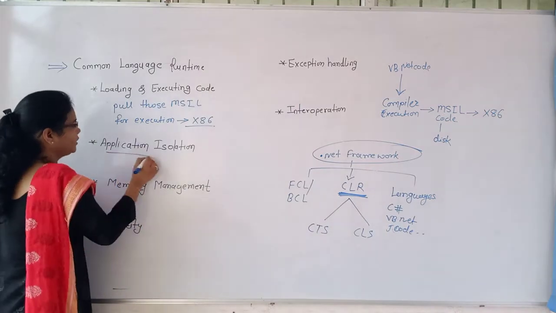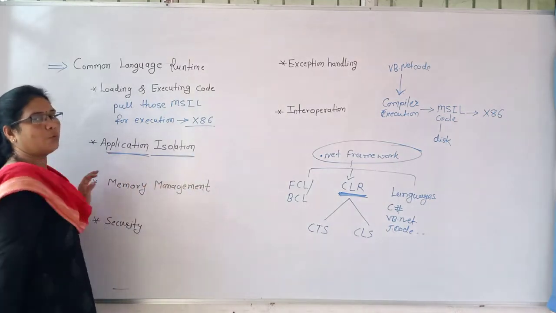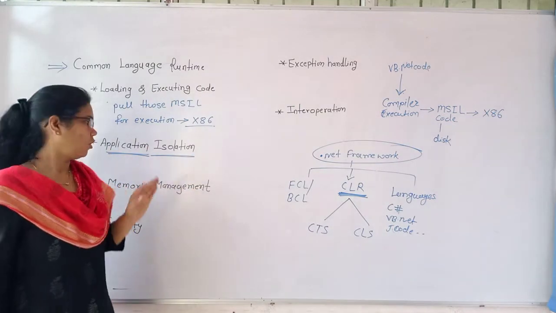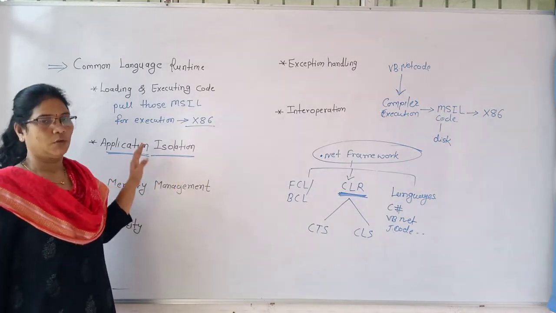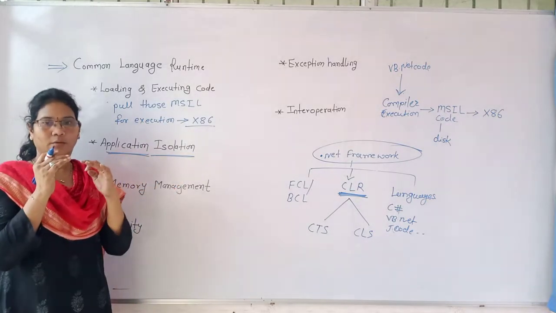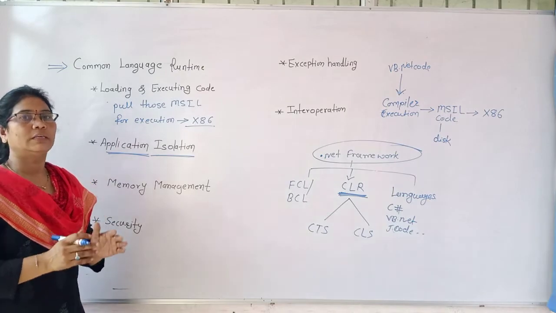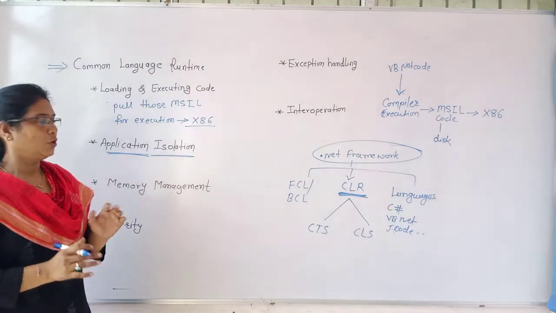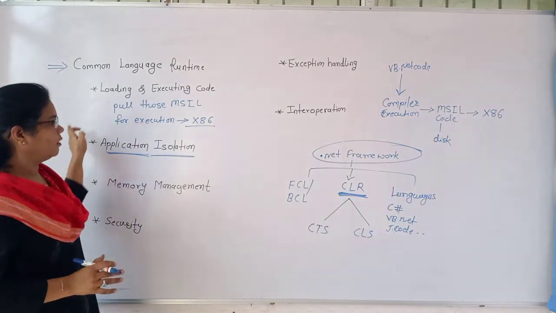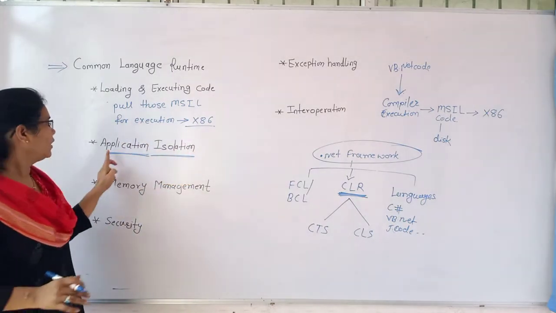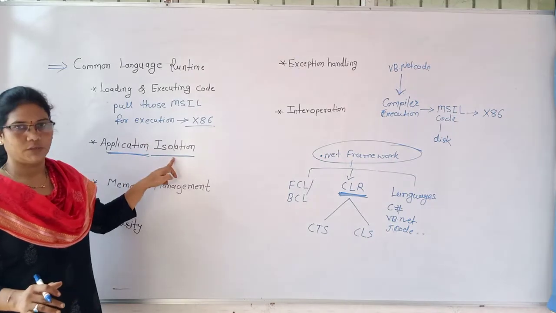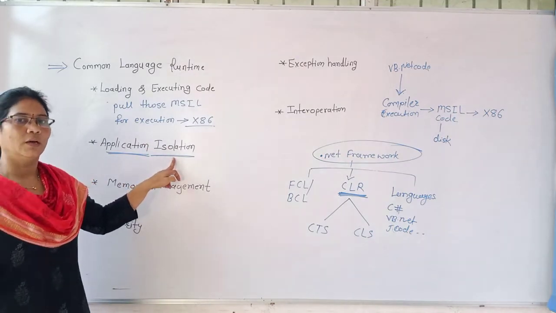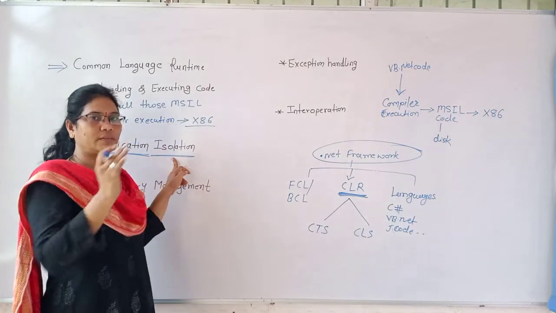Each and every Windows provides us the feature of application isolation. It is important for security as well as stability, so Windows provides application isolation, which separates the program from the stack.